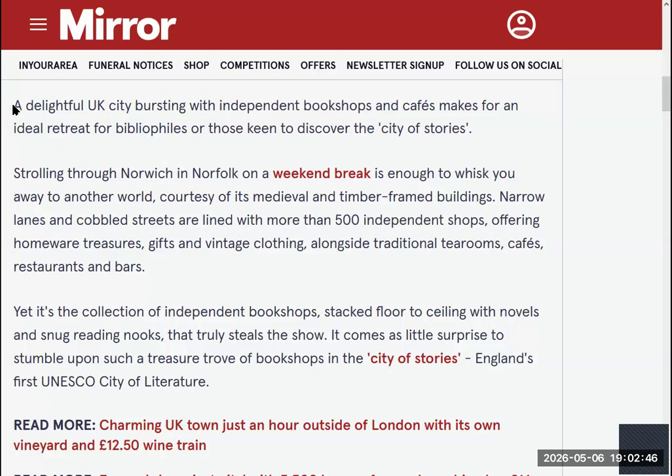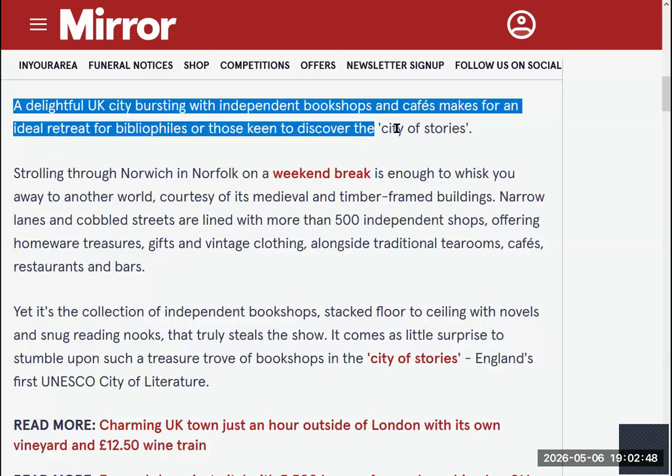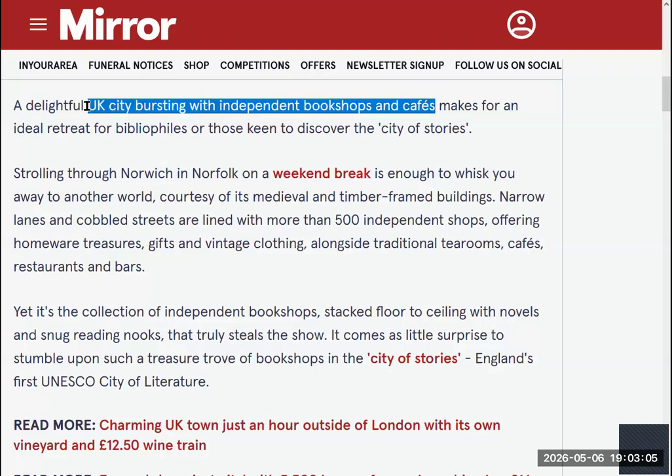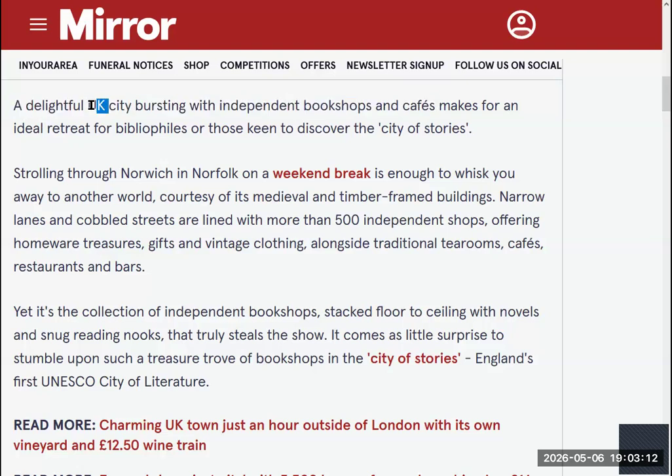Okay. So maybe if I reread this first paragraph, we start here perhaps. I'll read it to you. So a delightful UK city bursting with independent bookshops and cafes. We'll stop there, I think. So the UK, that's where I live, the United Kingdom, and it describes it as delightful.